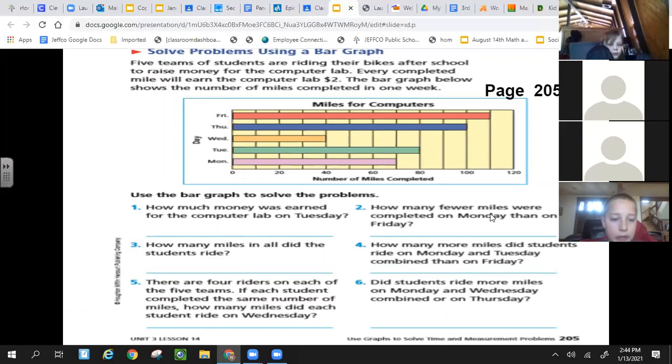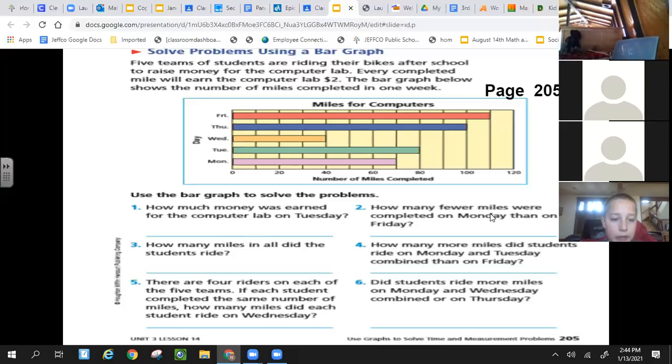Astria, what do you think? I think how much money was raised on Tuesday was $80. Okay, so I see that you read the graph and you saw that 80 miles were ridden, right?